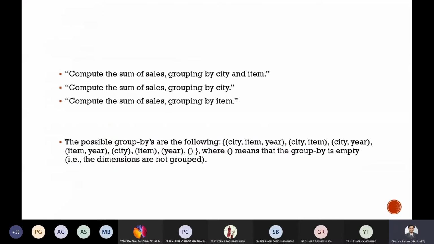There is one example. Suppose you want to create a data cube for some organization, and it contains 3 dimensions, city, item and year, and one measure, sales in dollars.